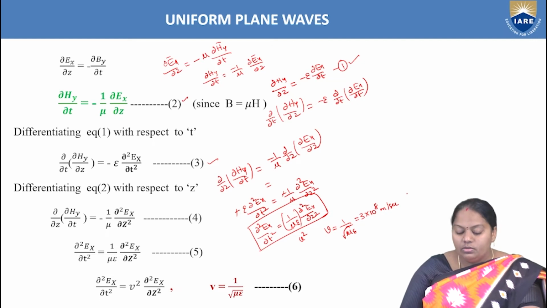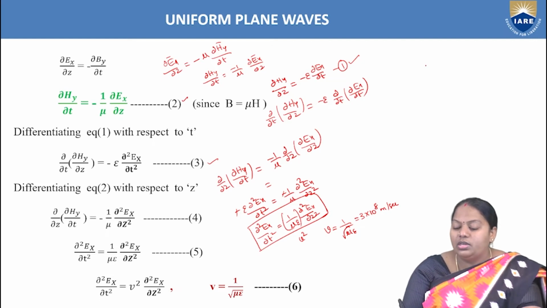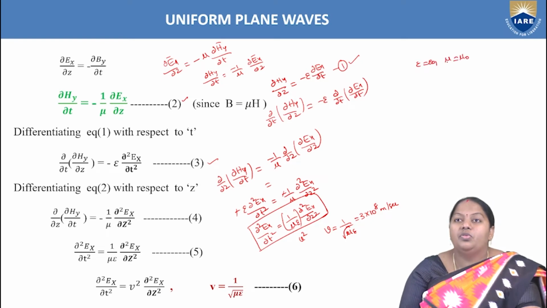How is this value obtained? As we know, for a free space medium, epsilon is epsilon naught and mu is mu naught.